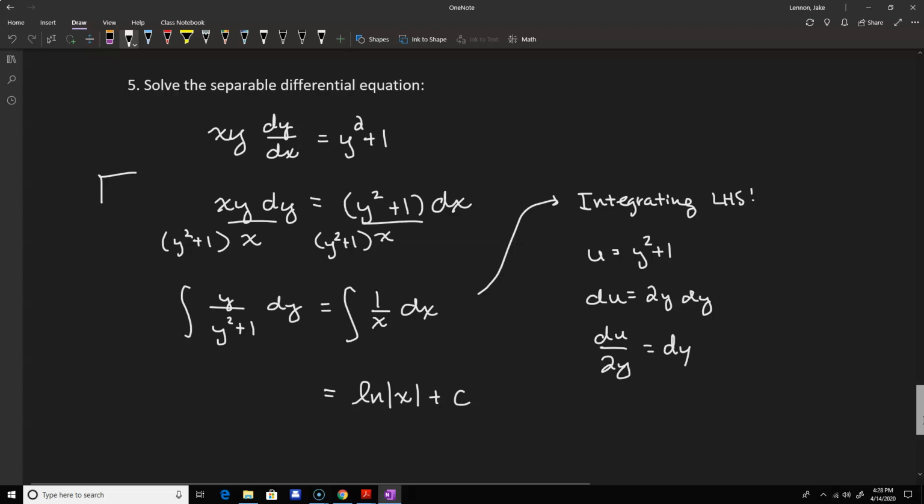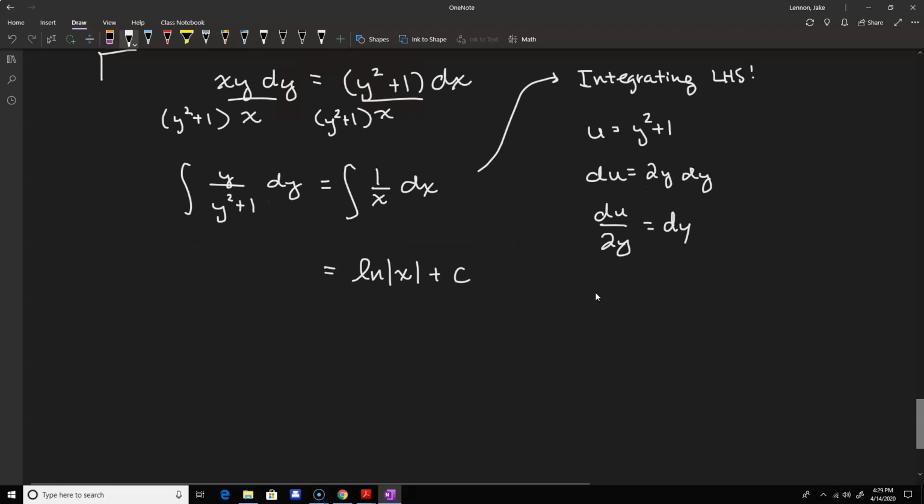So we can change our integral to the integral of y over u times our du over 2y, and then our y's cancel out, so we just have the integral of 1/2 times 1 over u du. So this just integrates to 1/2 natural log absolute value of u plus a constant, but we already have a plus a constant on the right-hand side. So let's just replace that u by the y squared plus 1.